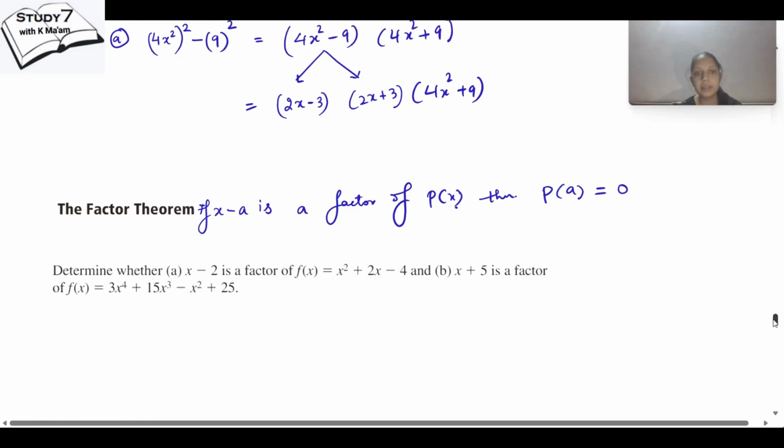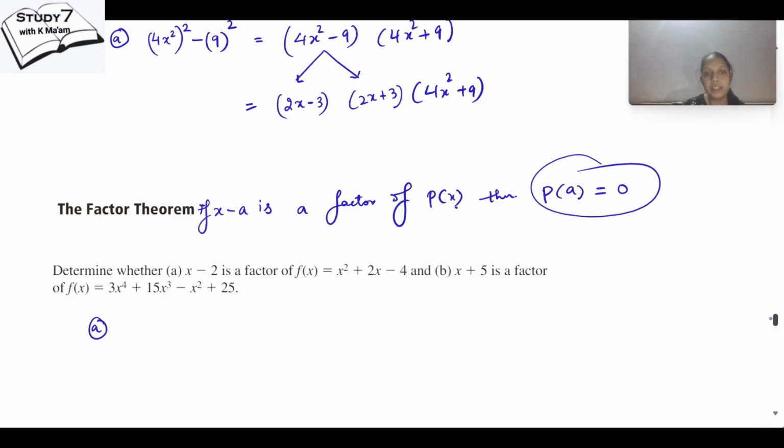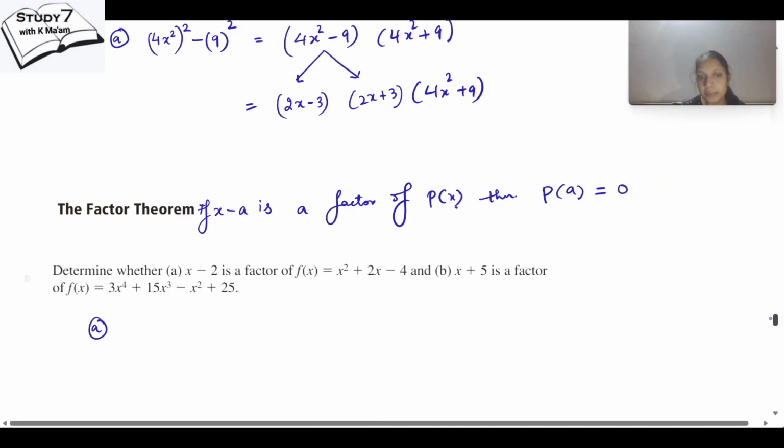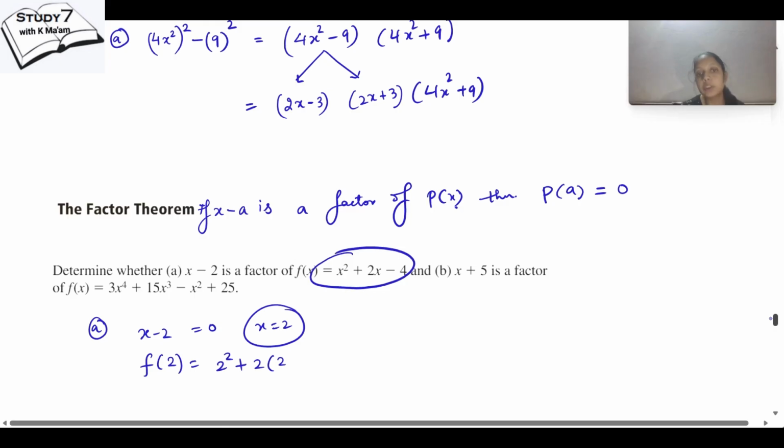Determine whether x minus 2 is a factor of this or not. So see, I am directly substituting in the polynomial. In x minus 2, the x value is 2. So you have to substitute 2 in the function. f(2) is 2 square plus 2 times 2 minus 4, which is 4 plus 4 minus 4.